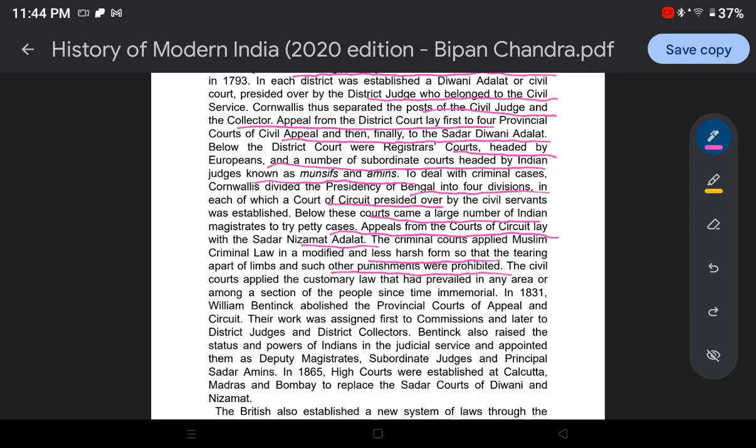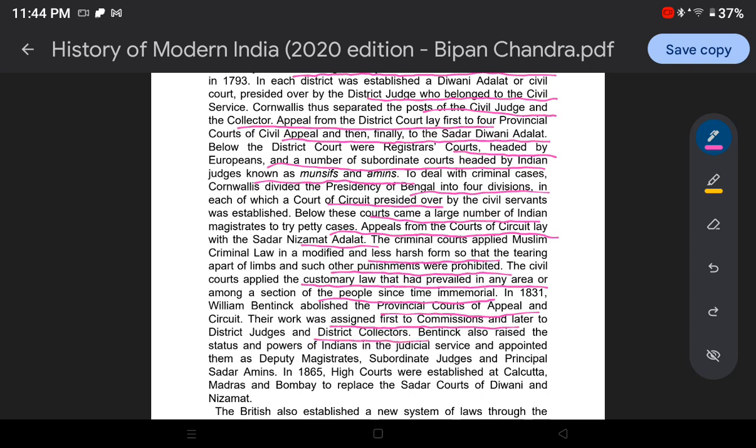The civil courts applied the customary law that prevailed in any area or among a section of the people since time immemorial. In 1831, William Bentinck abolished the Provincial Court of Appeal and Circuit. Their work was assigned first to commissions and later to district judges and district collectors.